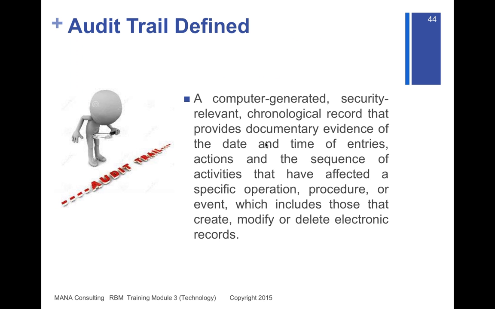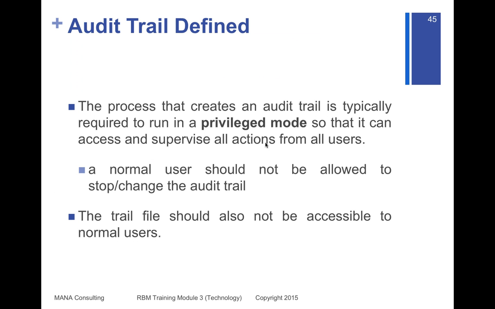Now, my favorite is the audit trail. So why do I love the audit trail? What is an audit trail first? It's a computer-generated chronologic record of what's been done within the electronic system, and it includes the date and time of the entries, what happened, who did it, and if there was a change in the data, why the data was changed.